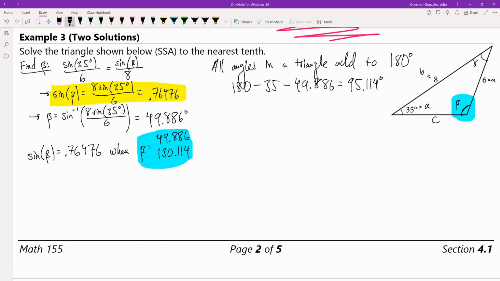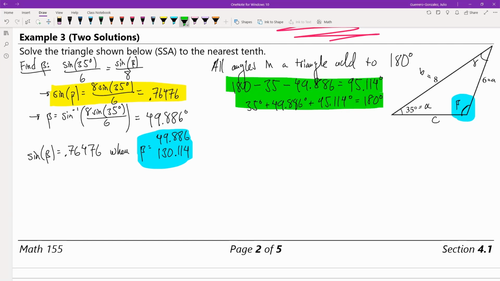So 35 degrees plus 49.886 degrees plus 95.114 degrees is equal to 180 degrees. This right here is a valid triangle. Let's check the other one.